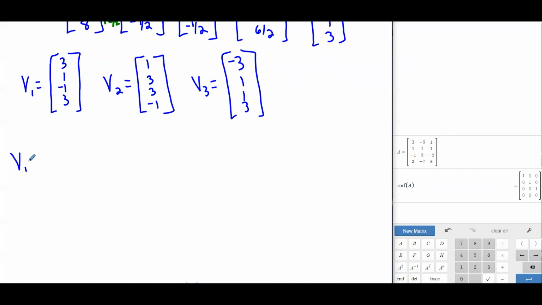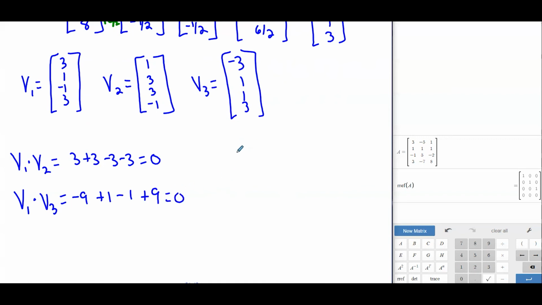So let's try v1 dot v2. I get 3 plus 3 minus 3 and another minus 3. So that's 0. So that works. But v1 dot v3, negative 9 plus 1 minus 1 plus 9.